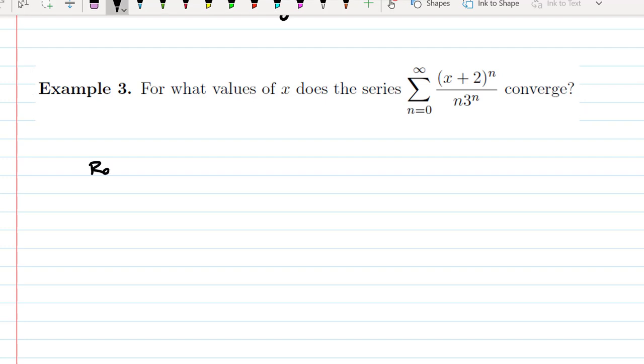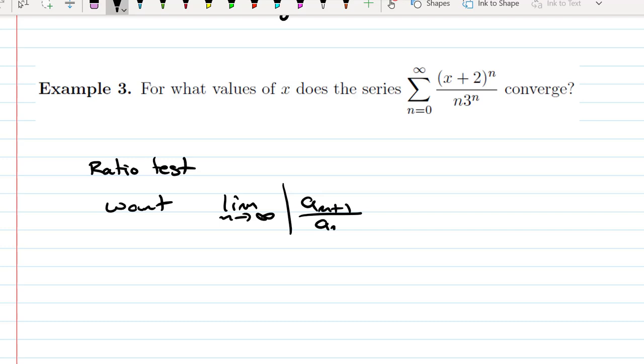So this time we're going to use our ratio test. And once again, we want the limit as n goes to infinity of the absolute value of a sub n plus 1 over a sub n to be less than 1. Our a sub n in this case is going to be (x plus 2) to the n all over n times 3 to the n.